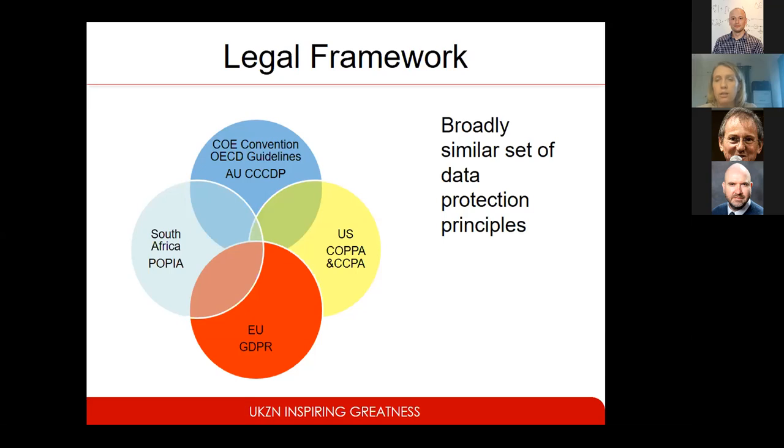Now, the protection of children varies substantially across the world. In South Africa, a child is anyone under 18. But in the US, under the COPPA, it is anyone under 13. And in the EU, it is 16, but member states can provide for a lower age of 13 or above. The other US statute that you've probably heard of is a Californian statute, so there's federal law and then there are state laws.